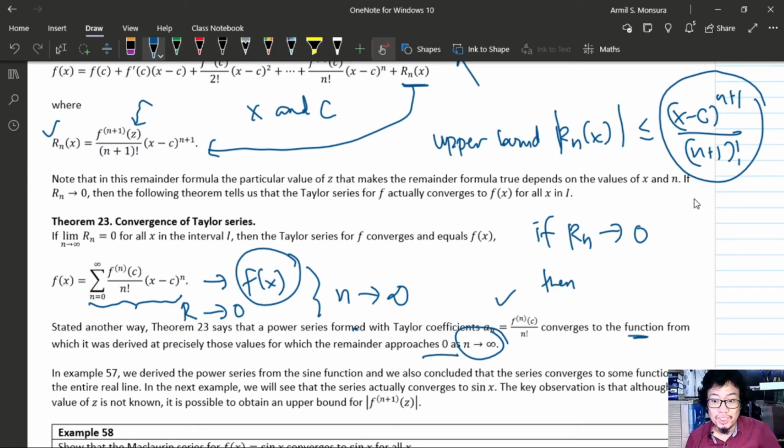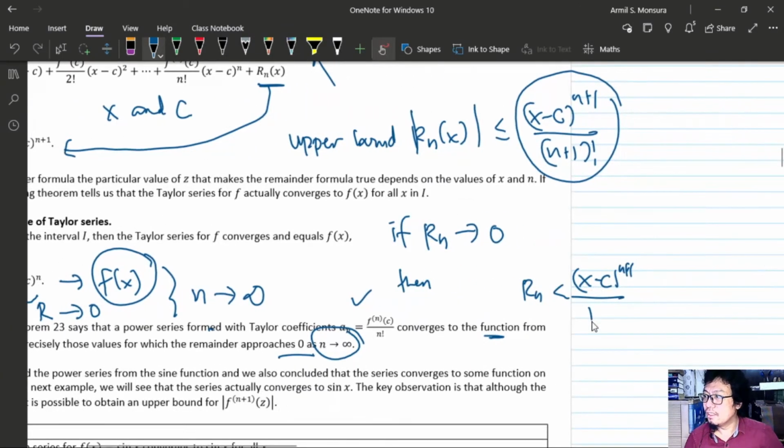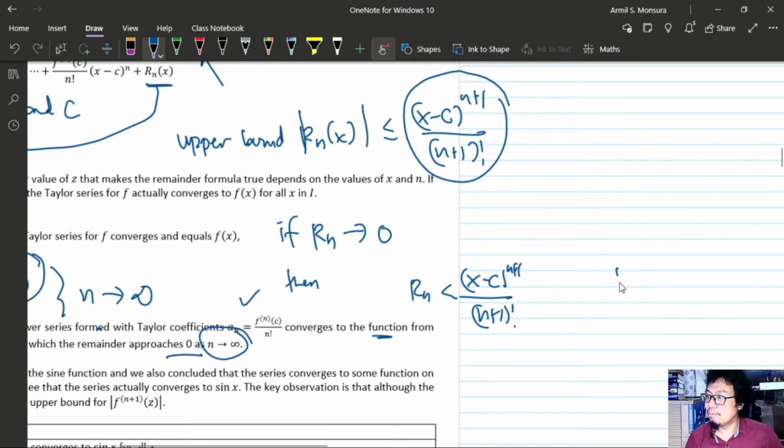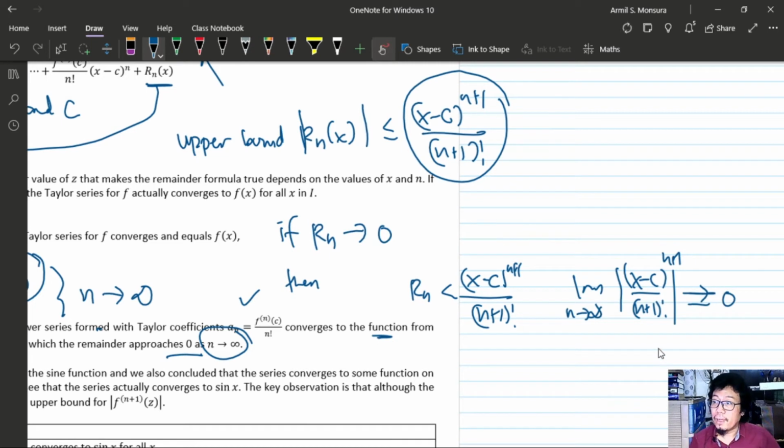Actually, that's by the squeeze theorem. Since Rn is less than this one, if we can be sure that the upper bound of your error approaches 0, or if the limit of this as n approaches infinity is equal to 0, then we can be sure that the limit of Rn as n approaches infinity is also equal to 0.